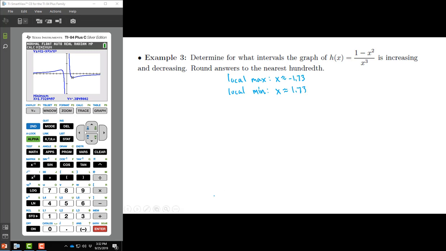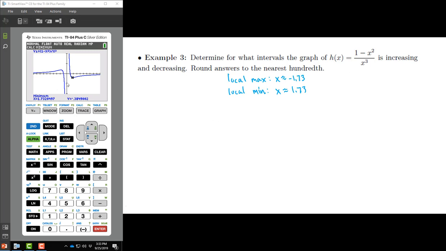All right, so that's the only local max and local min, but on the other hand, I can see something interesting happening here. We studied the graph of 1 over x in class and talked about how when I had an x in the bottom of my fraction, I can't allow x to be 0. And we see the same thing here. This x cubed, if I plug 0 in for that, then I'm dividing by 0, which we know we can't do. So the function is undefined here.